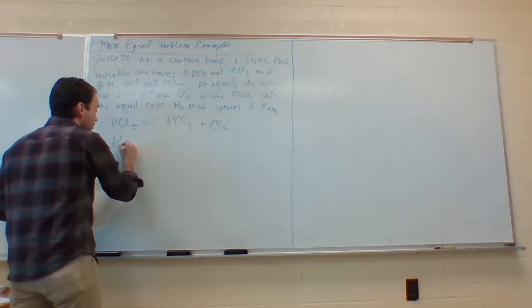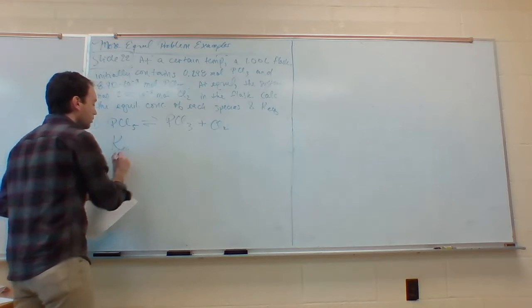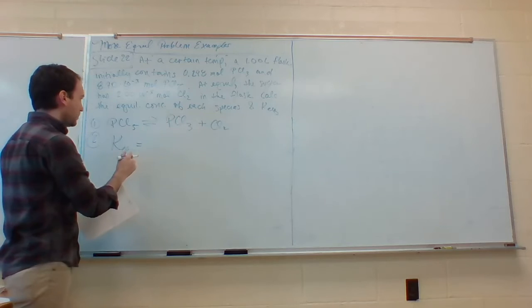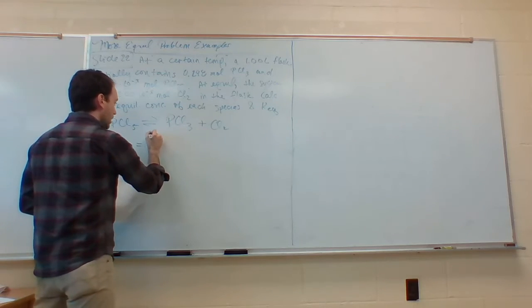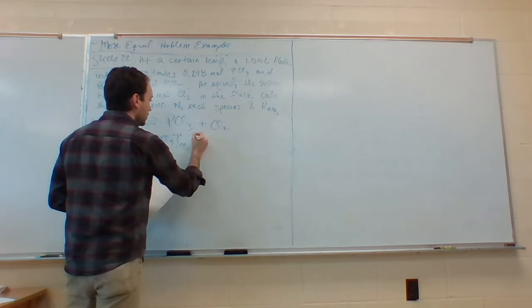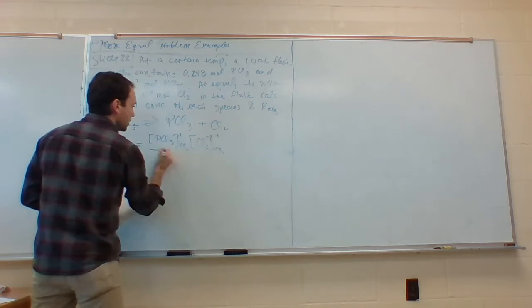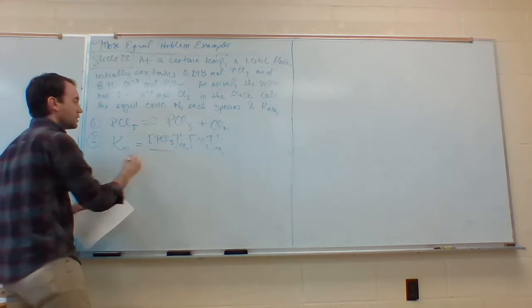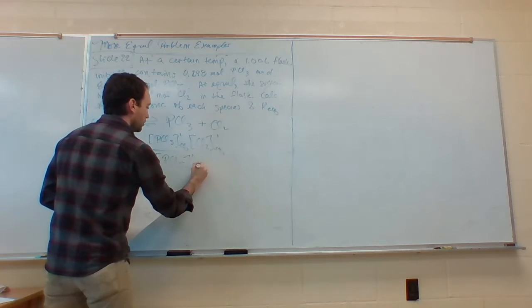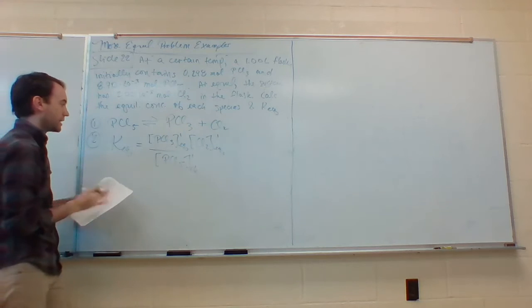Our equilibrium expression was just our KEQ, right? And our KEQ was equal to, in this case it looks balanced, so it's going to be our concentration of PCl3 at equilibrium to the first, our concentration of Cl2 at equilibrium to the first, all over our concentration of PCl5 at equilibrium to the first. Again, taking our products over our reactants.